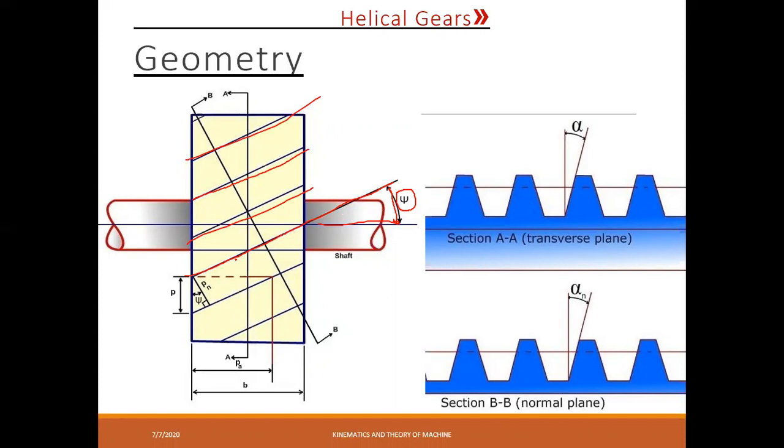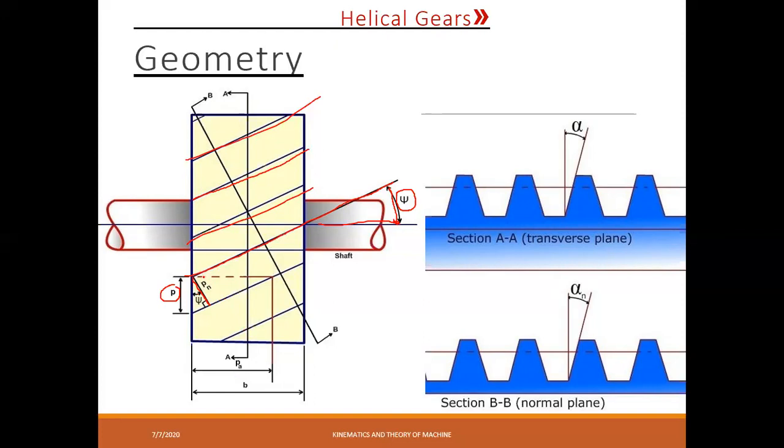Now, the distance between two consecutive teeth is called the pitch. Now I am taking the normal to the teeth. The normal distance between two consecutive teeth is called the normal pitch.